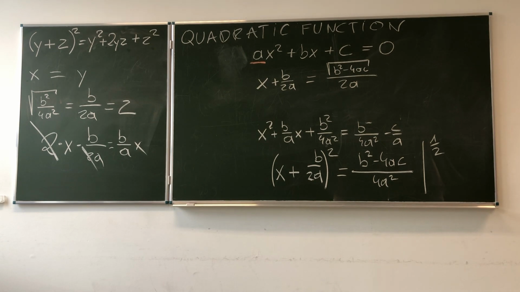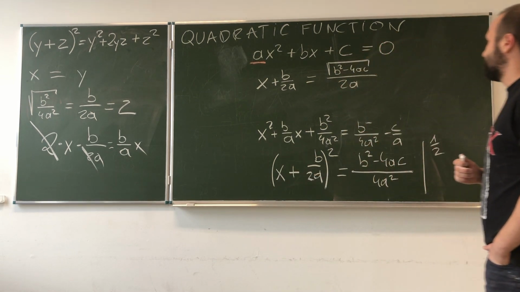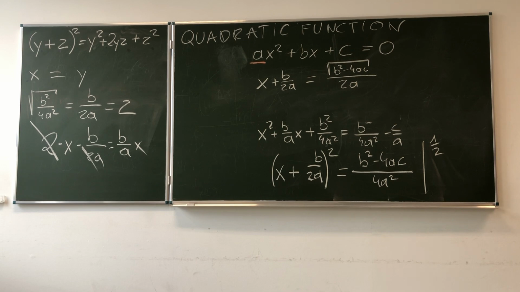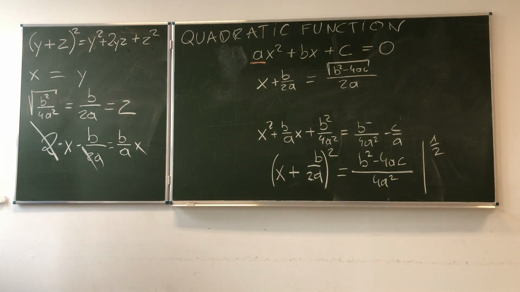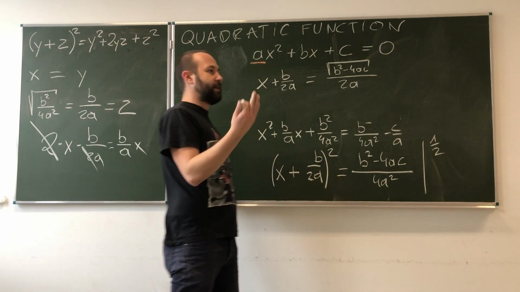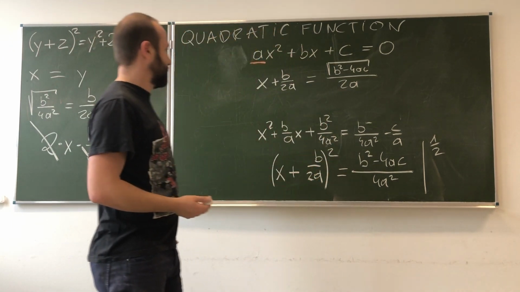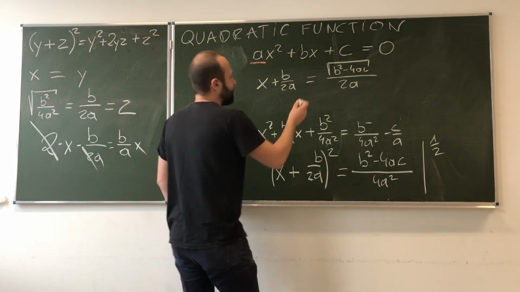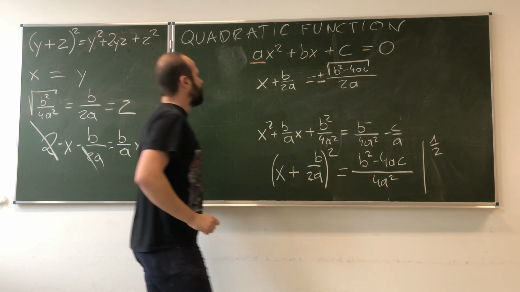But, look, the problem with this solution is, of course, that we assumed at this moment that this expression over here is going to be positive. Does it need to be positive? Well, not necessarily. Because if we multiply two positive numbers, we are getting positive number. If we multiply two negative numbers, we also get positive number. So one more thing we need to add over here is that this can either be positive or negative.